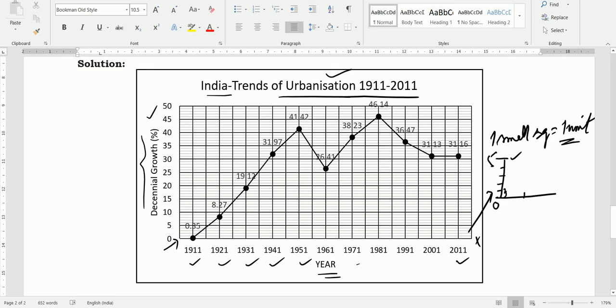Here we have 1911, then 1921, and for 1911 the value is 0.35. It is less than 1 unit, so it is somewhere here, a little below 1.